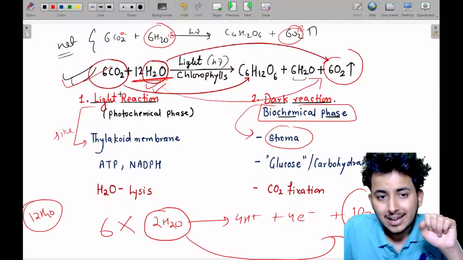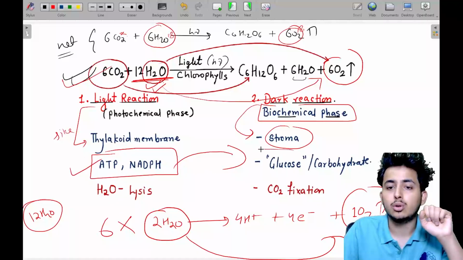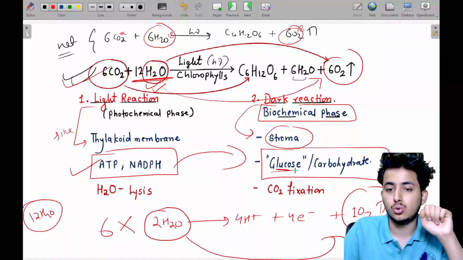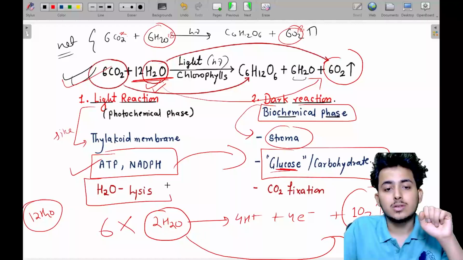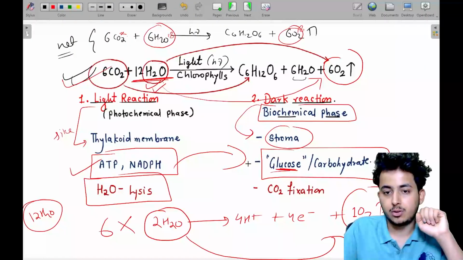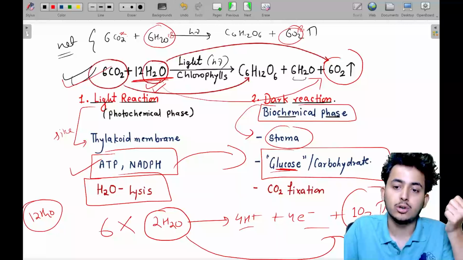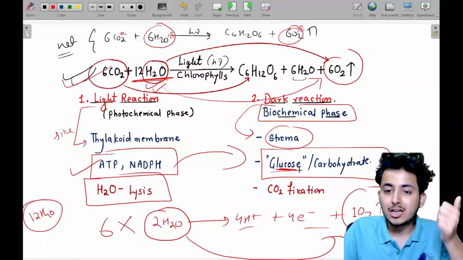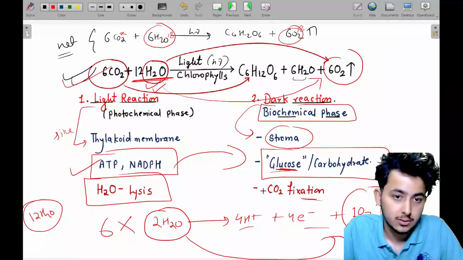In the light reaction, ATP and NADPH are formed. In the dark reaction, these are used up to make food, that is glucose. In the light reaction, photolysis of water occurs: in the presence of light, water molecules split to give rise to proton, electron, and oxygen. But in the dark reaction, carbon dioxide from the atmosphere is fixed. That is the major difference.